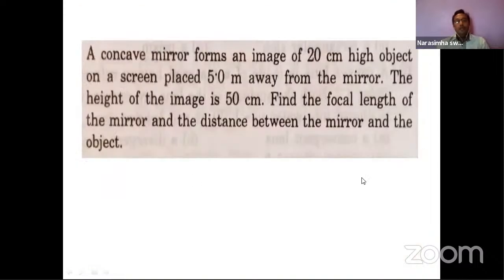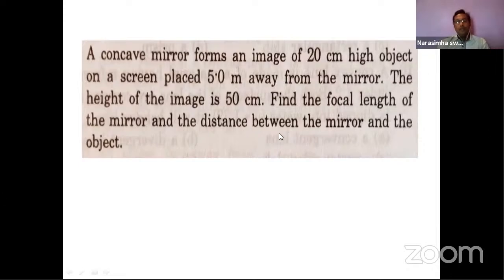Here is one more model: a concave mirror forms an image of 20 centimeters height of an object. The screen is placed 5 meters away from the mirror, and the height of the image is 50 centimeters. Find the focal length of the mirror and the distance between the mirror and the object.